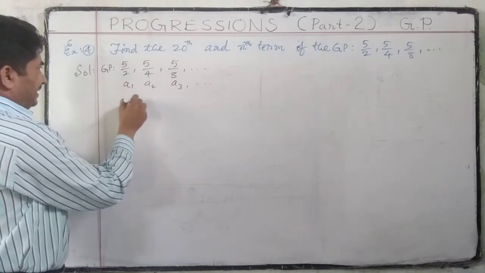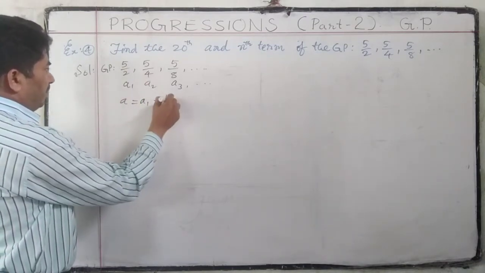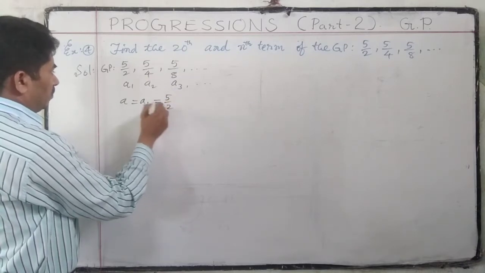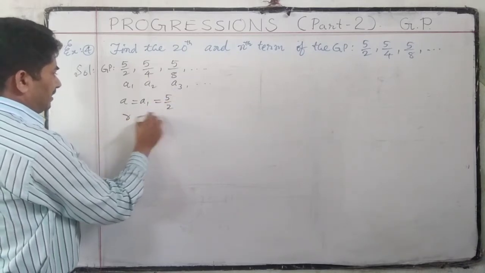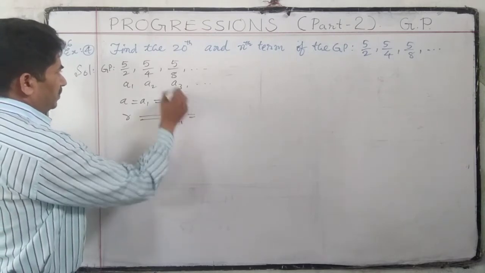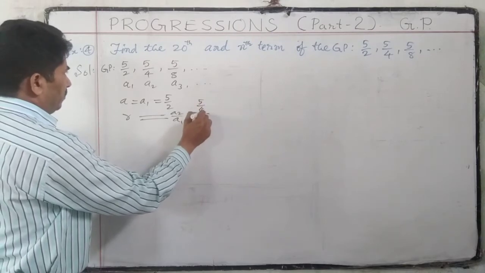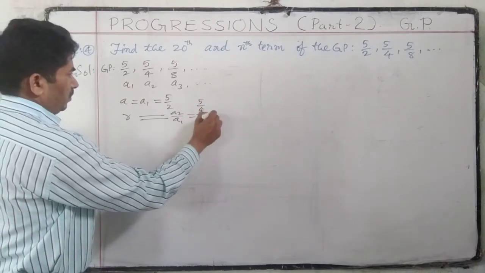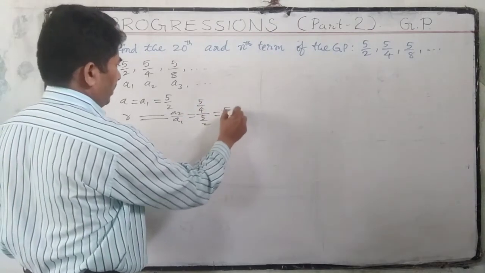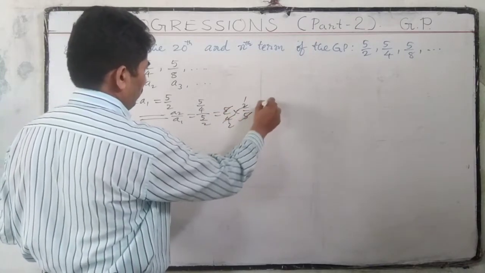In this, a is equal to a1 is equal to 5 by 2. Common ratio r is equal to a2 by a1, that is equal to 5 by 4 divided by 5 by 2, that is 5 by 4 into 2 by 5. 5 cancels, 2 ones are 2, 2 twos are 4, so 1 by 2.